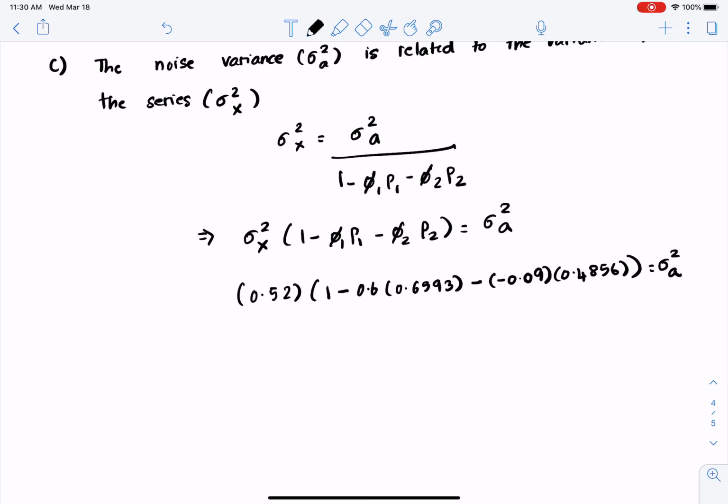You plug all the numbers in, and you end up getting sigma squared A, or an estimate of it, to be equal to 0.337.